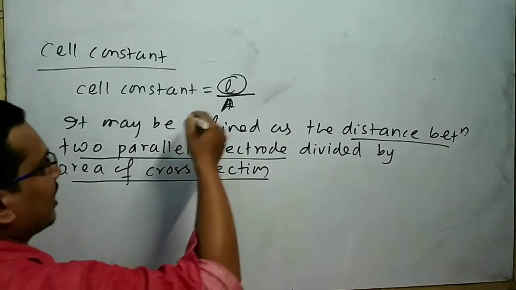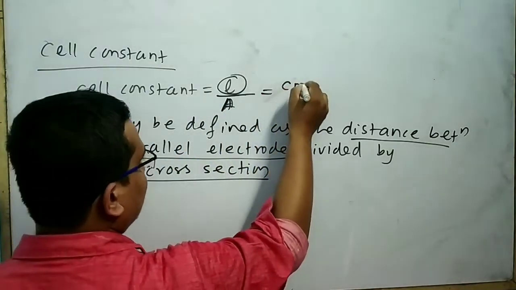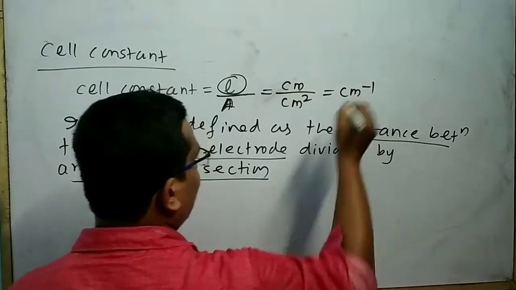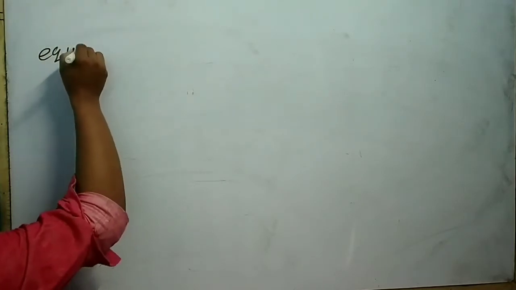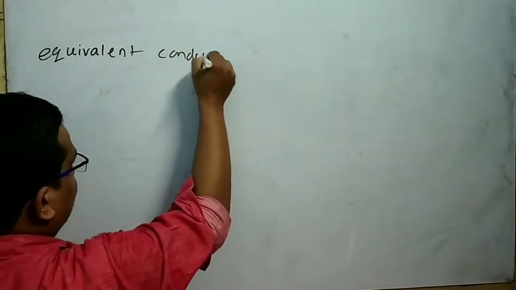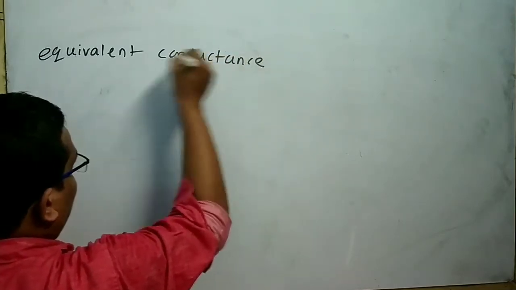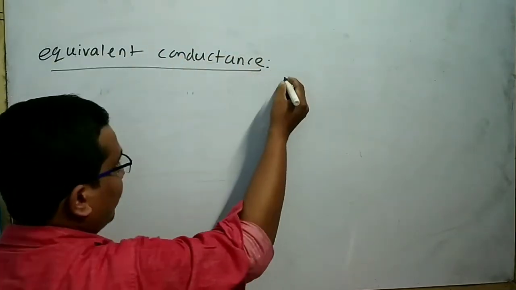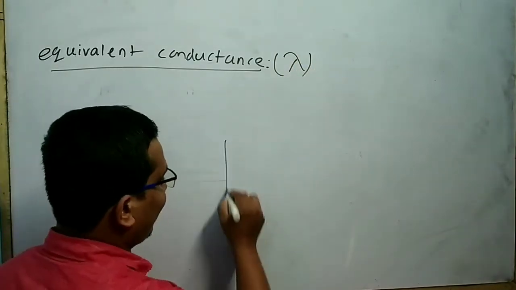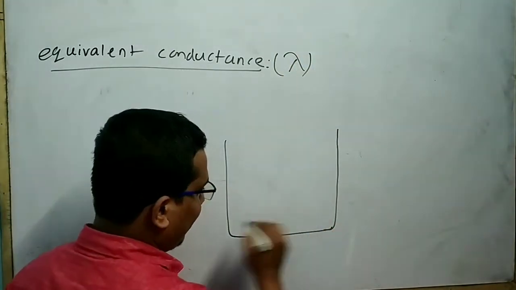The unit of cell constant is centimeter divided by cm square. That means centimeter inverse. Next, I will explain about the equivalent conductance. It is denoted by lambda. Suppose I will take an electrolyte.